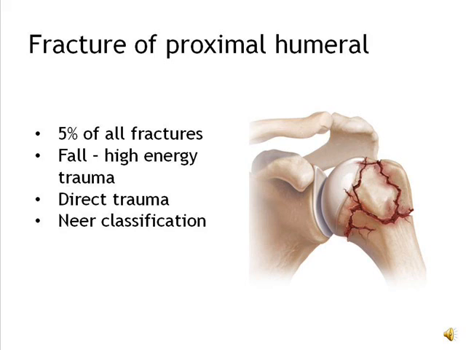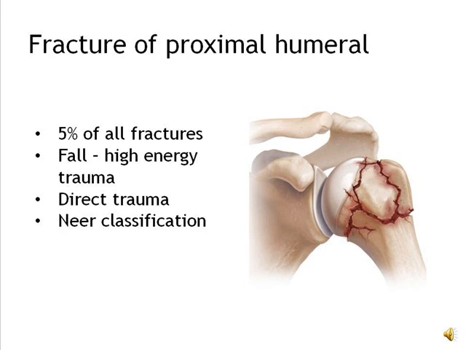So let's look at fracture of the proximal humeral bone here. Proximal humeral fractures account for nearly 5% of all fractures and are the third most common fracture after hip fractures and distal radial fractures. A proximal humerus fracture results from a fall with an outstretched arm from standing height.